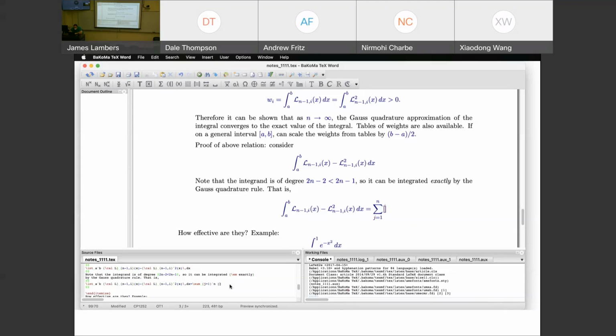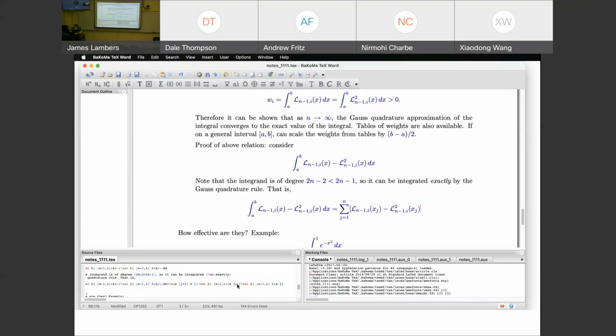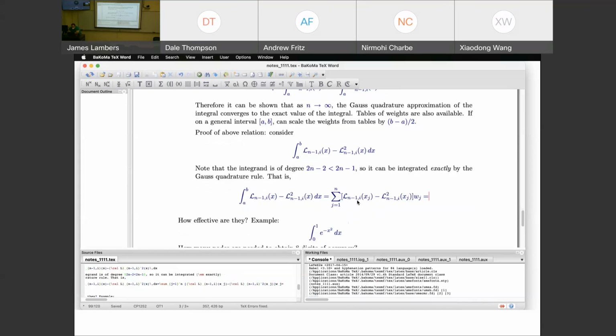The sum over j of the integrand evaluated at xj, the Lagrange polynomial minus that squared, times the weight wj. All right, so because this is low enough degree, this is exact. So now we need to figure out what this is.